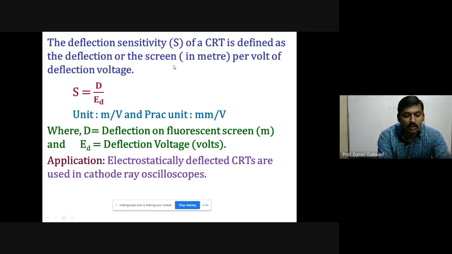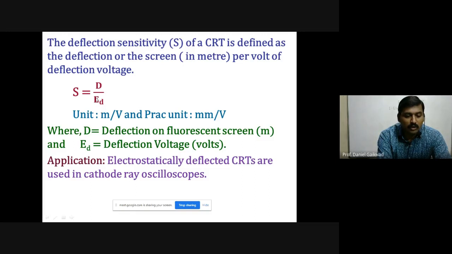So how much deflection of the spot of the electron beam on the screen per volt. So S is equal to D divided by ED. D is the distance or deflection on the fluorescent screen, in meters, and ED is the deflection voltage. This is the quantity called deflection sensitivity, D divided by ED.